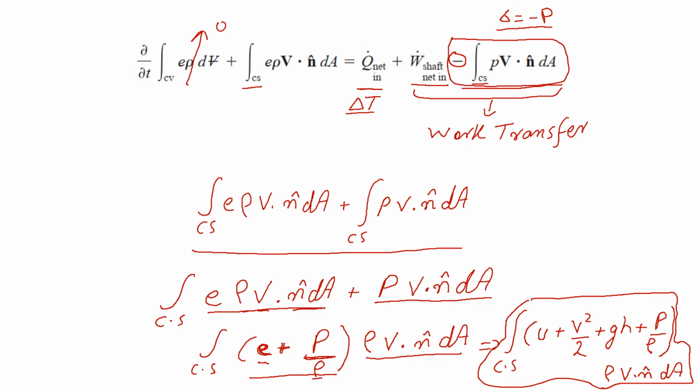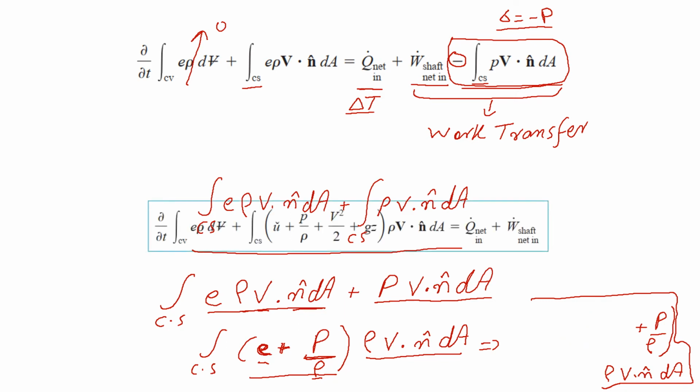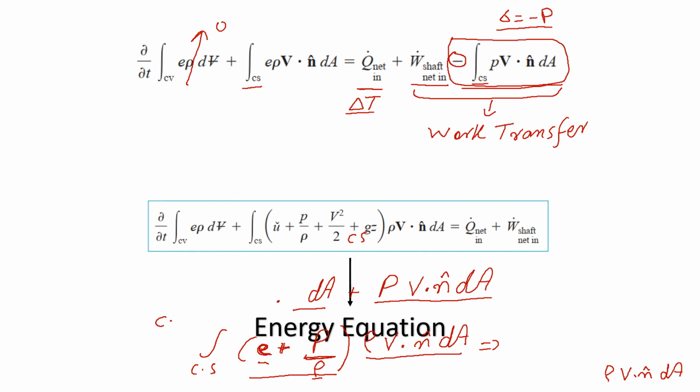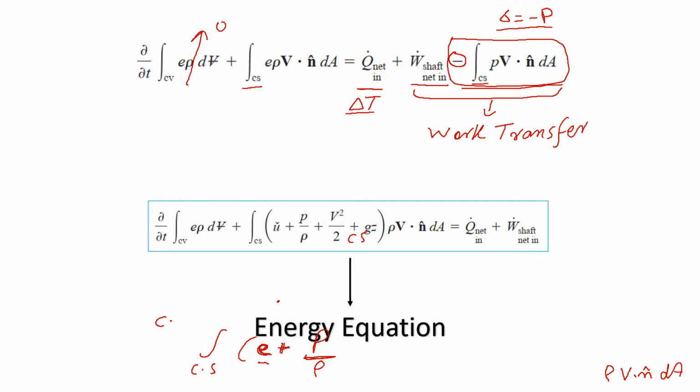So just to clarify how we will end up with this equation: at the end this is our energy equation that we get by using the first law of thermodynamics and by using our extensive property as energy in the Reynolds transport theorem.